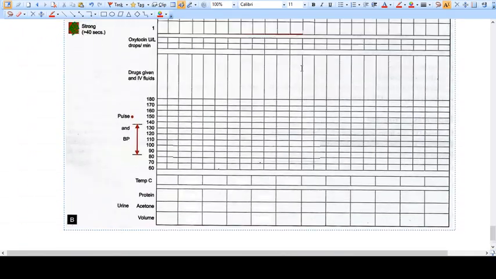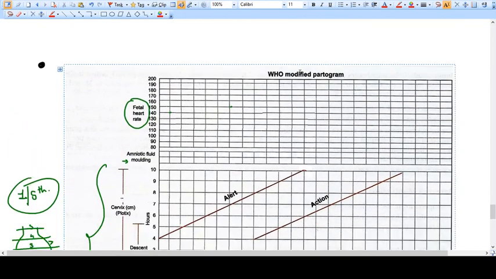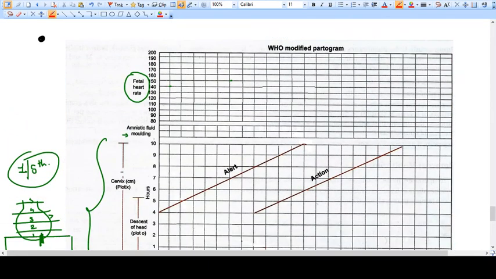This is the real partogram I have shown you here. You can see here, the WHO modified partogram. Now, what we have discussed till now is the cervicogram. That is the most important part of a partogram.